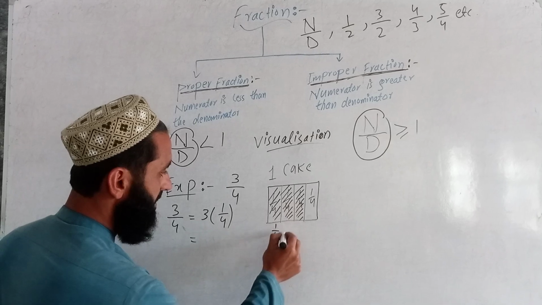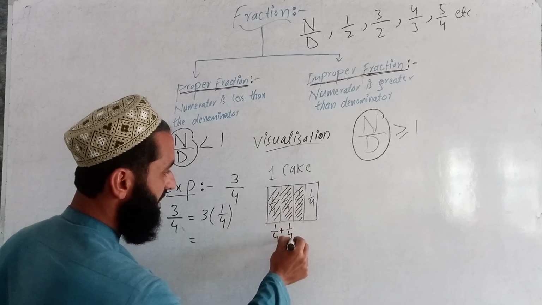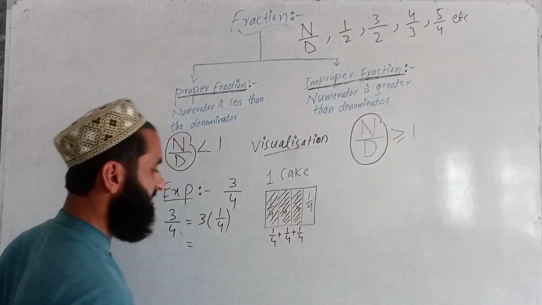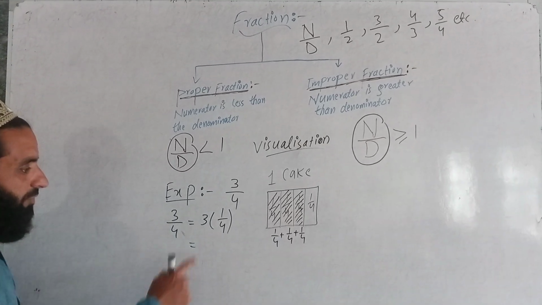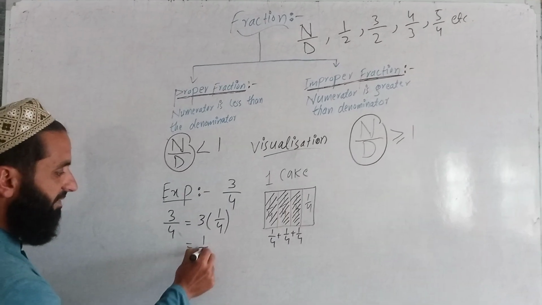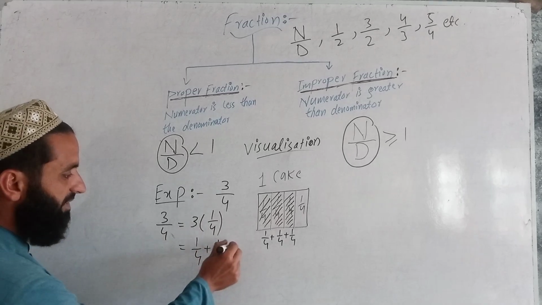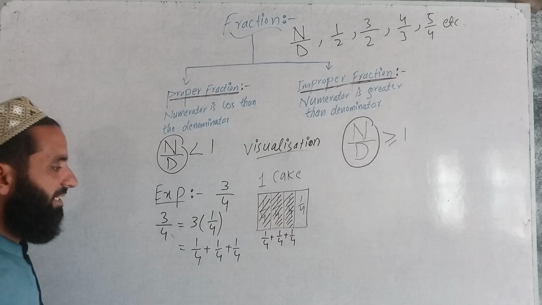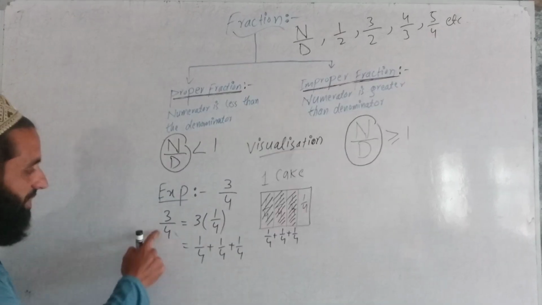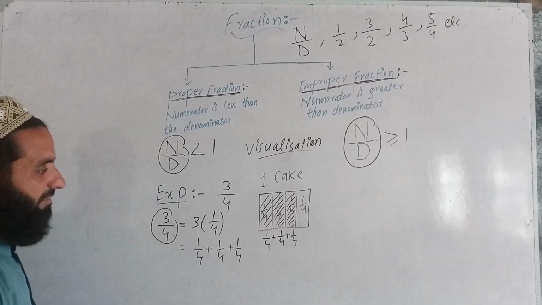So 1 over 4 plus 1 over 4 plus 1 over 4, which is equal to 3 divided by 4.